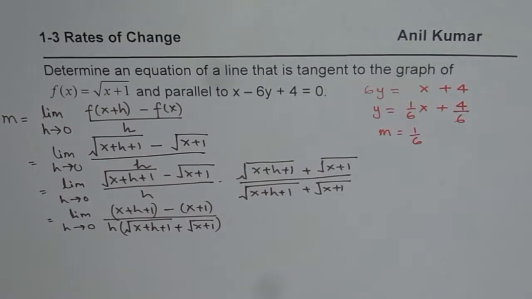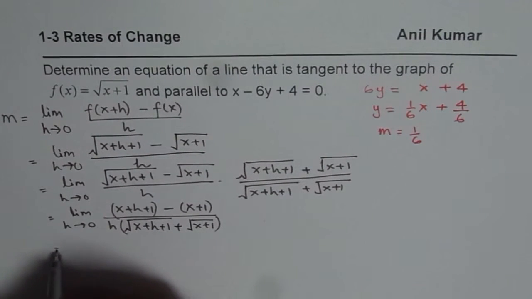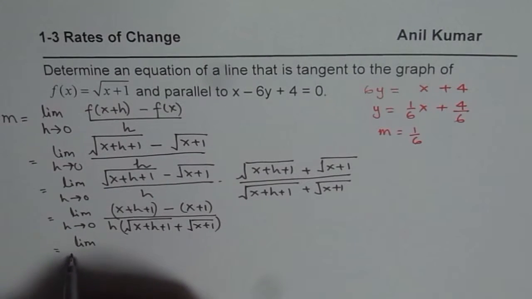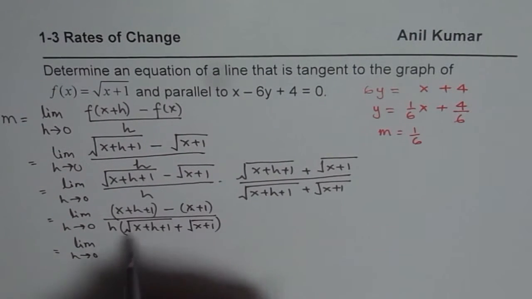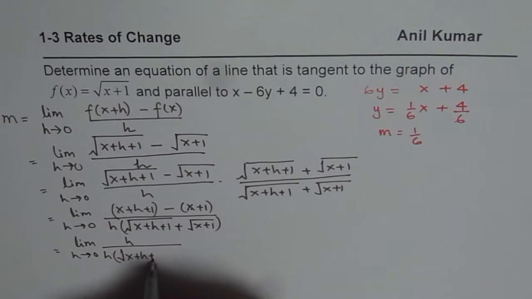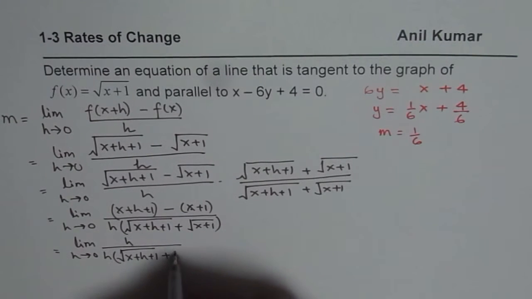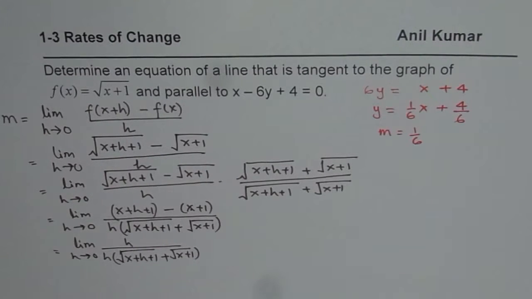Now if you solve the numerator, we get just h, since x minus x is 0 and 1 minus 1 is 0. So we get h over h times square root of x plus h plus 1 plus square root of x plus 1.